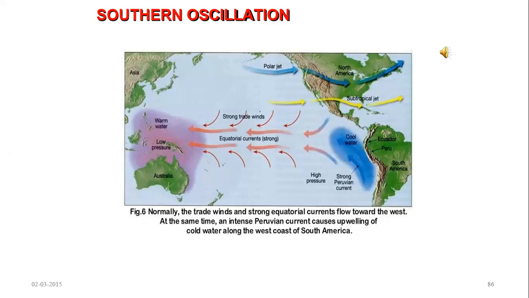Normally, the trade winds and strong equatorial currents flow towards the west. At the same time, an intense Peruvian current causes upwelling of cold water along the west coast of South America. So if there's this seesaw pattern, sometimes the Indian Ocean has high pressure and the Pacific has low pressure, and sometimes the Pacific has high pressure and the Indian Ocean has low pressure, and the winds keep doing a seesaw pattern. This is known as Southern Oscillation.